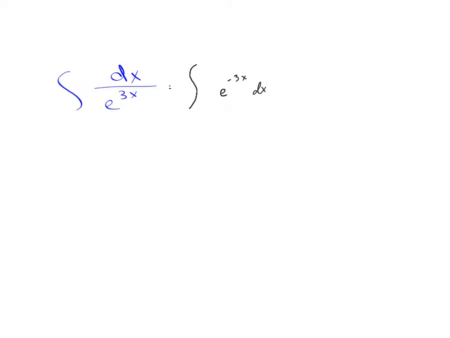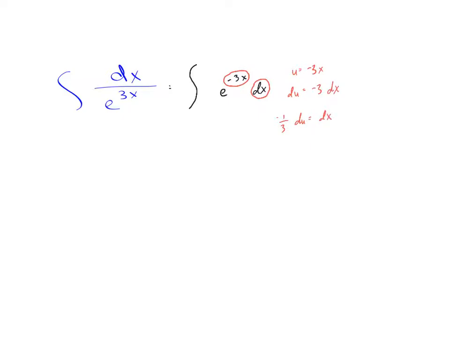And now I can set u equal to the exponent. du is negative 3 dx. So this is e to the u up there. du is right there, kind of. There's the negative 3 again, but like in the last one, we can write that as negative 1/3 du equals dx, dividing by that negative 3.